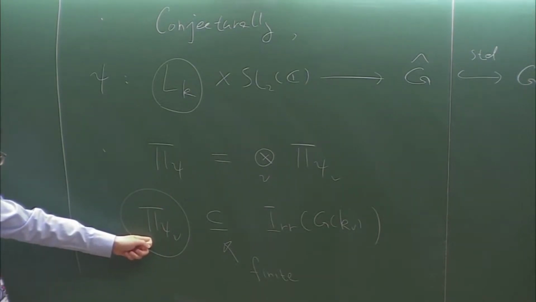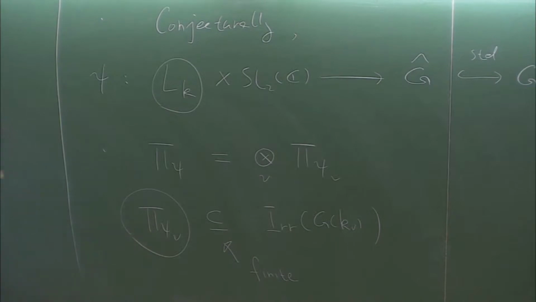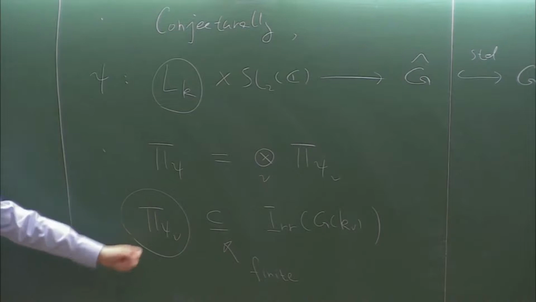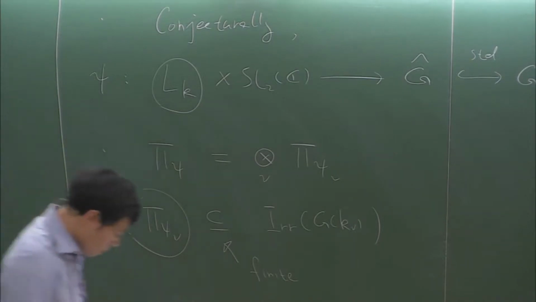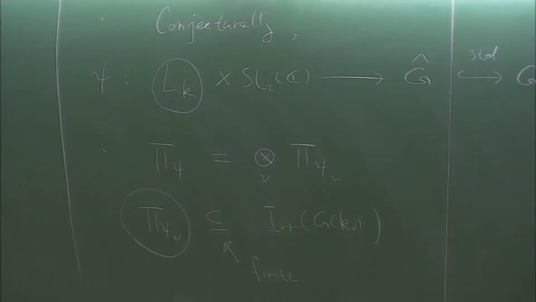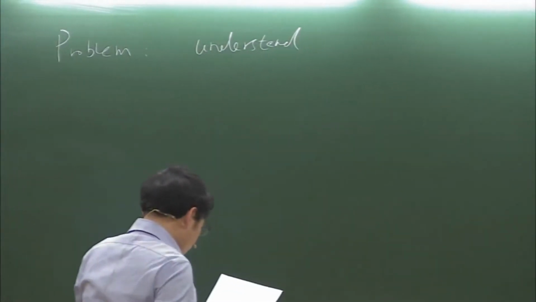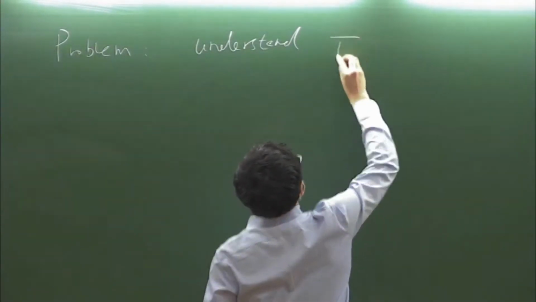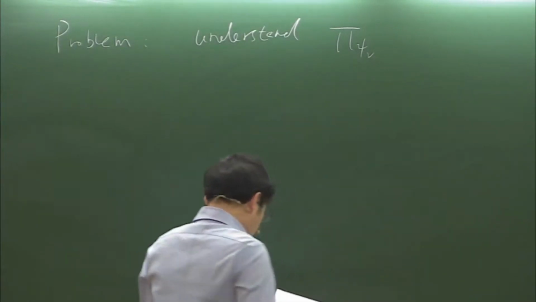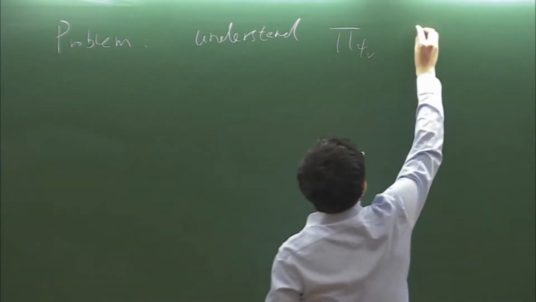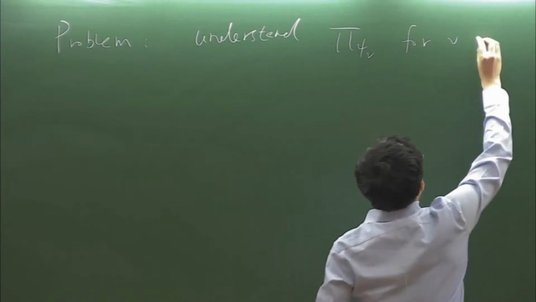It's not all unitary representations. So you can think that these are the local components of the automorphic representations. They form a very special class. Okay? And they are kind of classified by these A packets. So the main purpose of this talk is to understand these local ones at a non-Archimedean place.